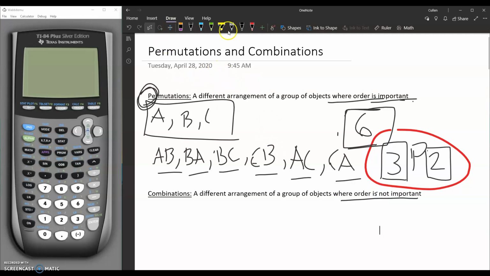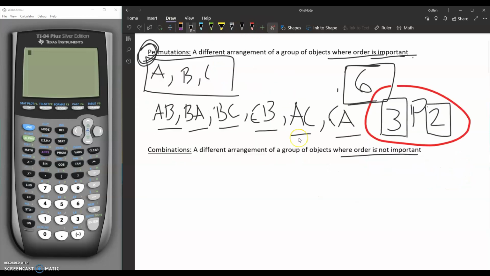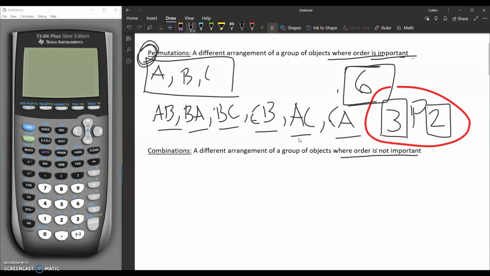What that means is that when you arrange these objects into a different group, and again, I'll use the same example with A, B, and C, we start with these 3 letters. Let's arrange them into different groups. Let's say we're going to use A and B. And then you want to try to use B and A, but in this situation, since order does not matter, A and B would be the same group as B and A. And this is all abstract without hard concrete examples, so it may not make any sense yet.